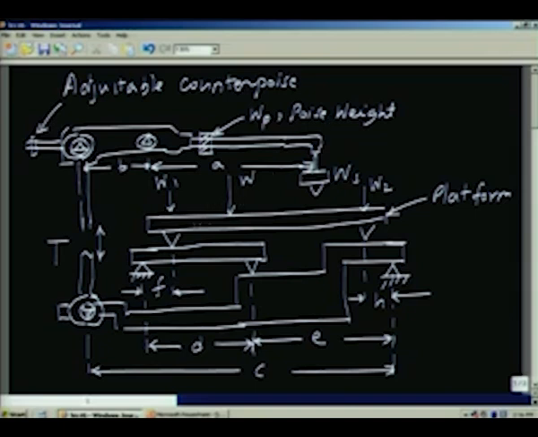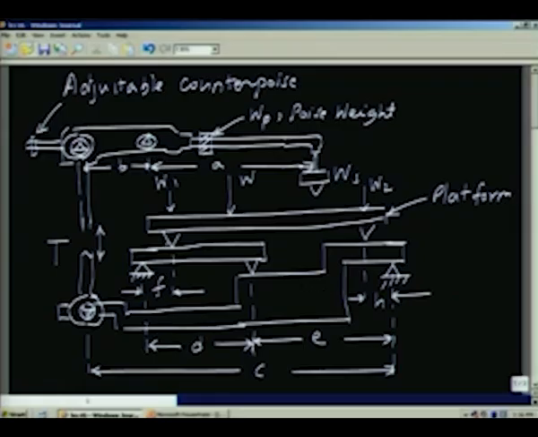This is the platform, what you see here is the platform, and the weight can be put anywhere on the platform. That is the whole point of this platform balance. It can be placed anywhere on the platform. There are two knife edges, one of these knife edges rests on this beam, and the other one rests on this beam. There are three beams, as you can see, one here, two here, and a third one here.